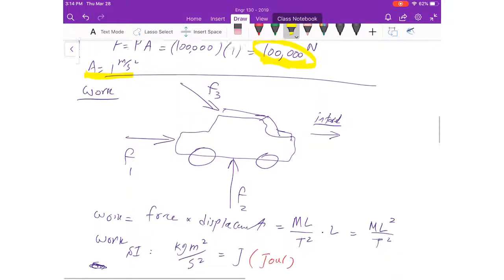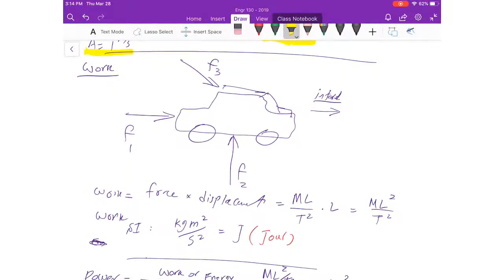Let's talk about work. We already know that there should be a displacement to have work. In this example, I have three forces, F1, F2, and F3. If you look at this picture, you would see F2 doesn't produce any work if the intended direction is the arrow, the way we want to move. So overall, work is force times displacement.